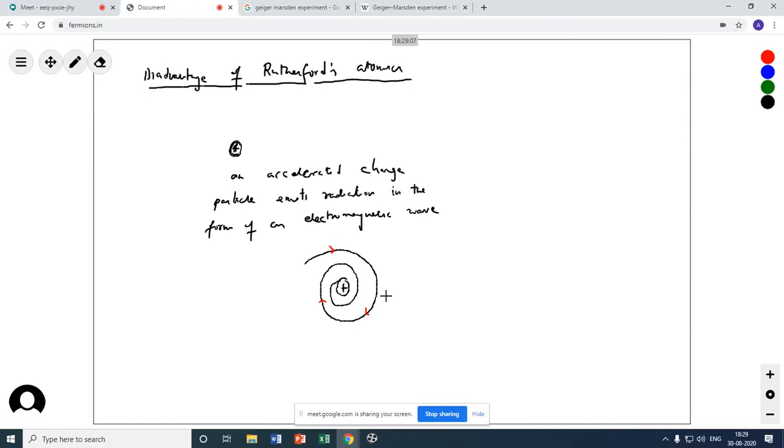So you understood, it should follow this path and fall on the nucleus, but this is not what is happening.